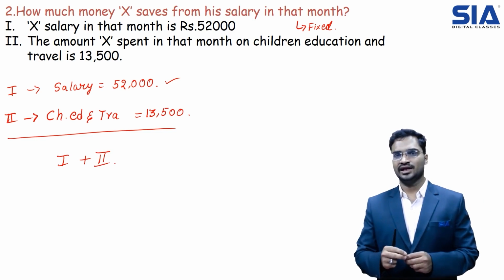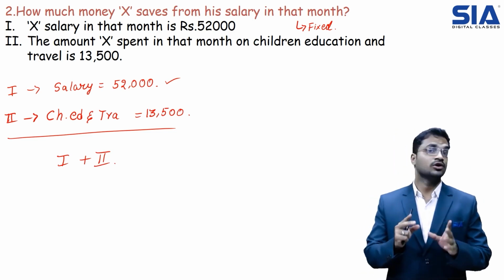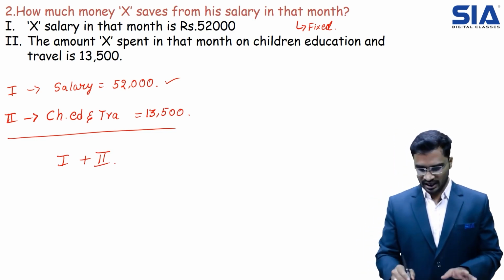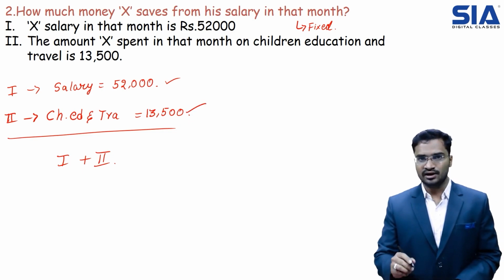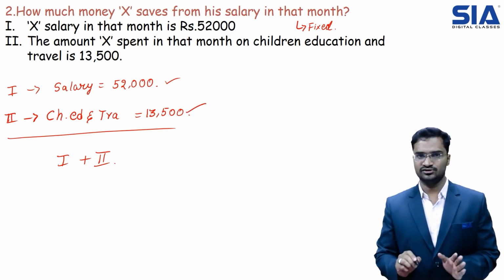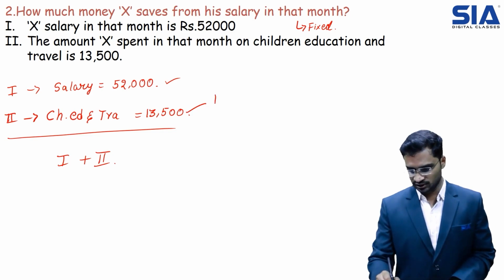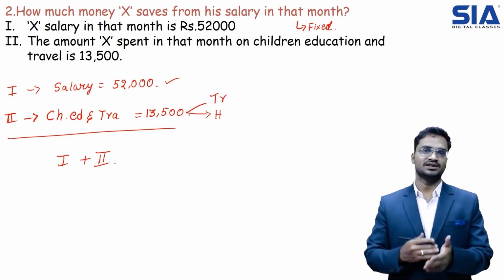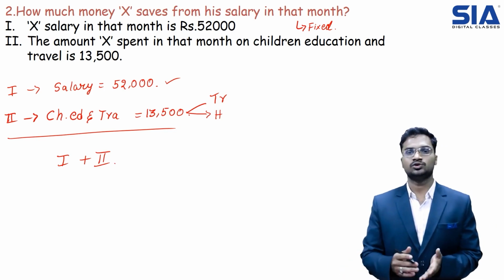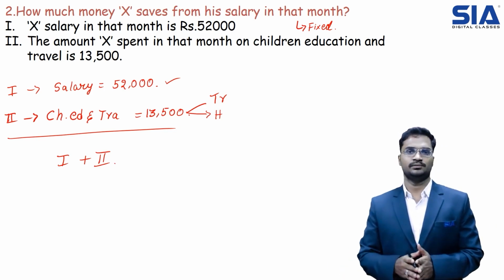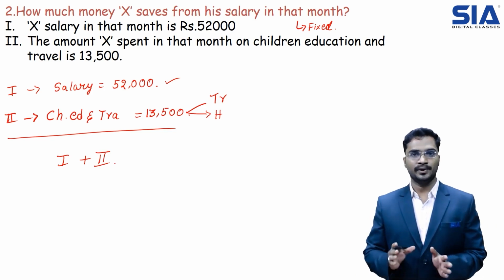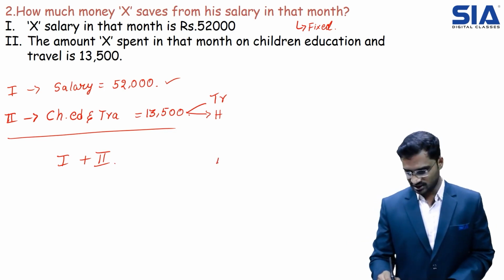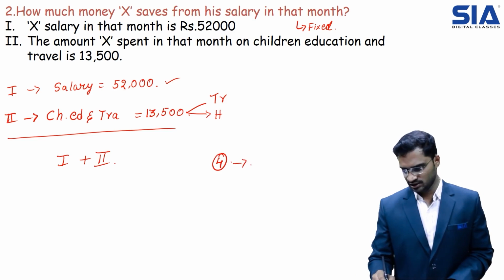From this, can I say his savings? No, I cannot, because there are many expenses besides this: traveling, housing, food, and others. So by using both statements, I cannot get a fixed answer. So our answer is option 4, because statement 1 and statement 2 combined are not giving me the answer.